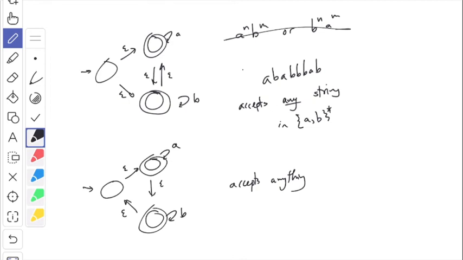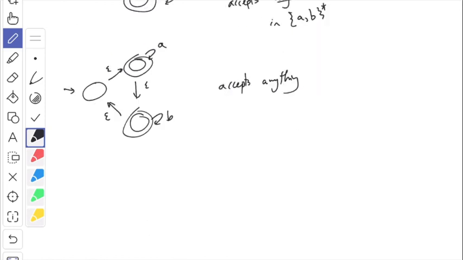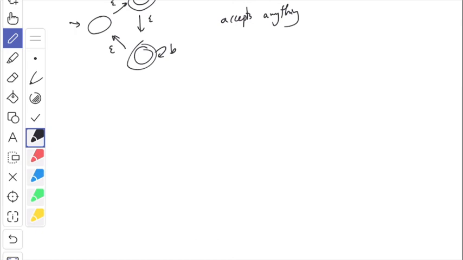Okay, excellent. We got 3 more minutes. Let me just summarize here, and then we'll go on to something slightly different. So I'm going to say the NFA is the same as the DFA, but two important differences.